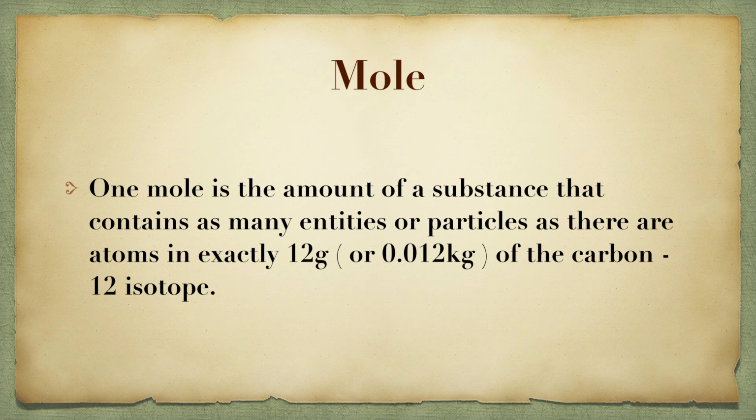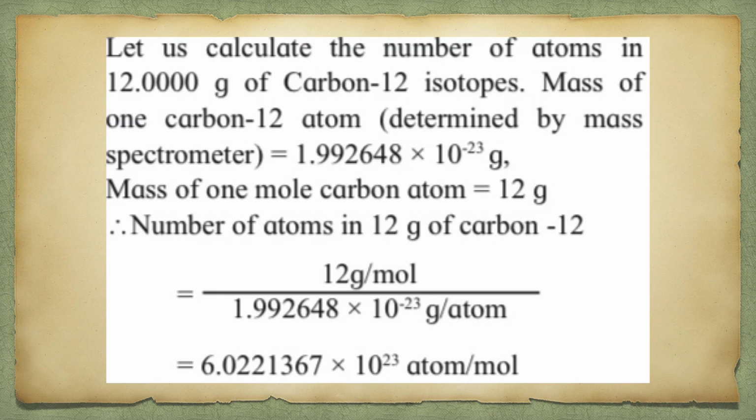Let us calculate the number of atoms in 12 gram of carbon-12 isotope. The mass of 1 carbon-12 atom is equal to 1.992648 × 10^-23 grams, as determined by mass spectrometer, and the mass of 1 mole of carbon atoms, as you all know, is 12 grams.